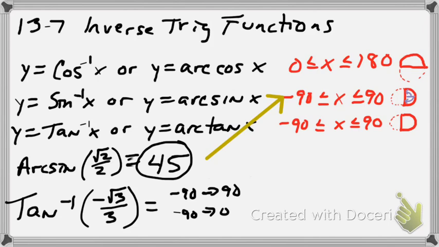We cannot call them 330 and 300. We have to call them by an angle that fits in our interval. It's either going to be negative 30 or negative 60. One of those two has a tangent of negative root 3 over 3.